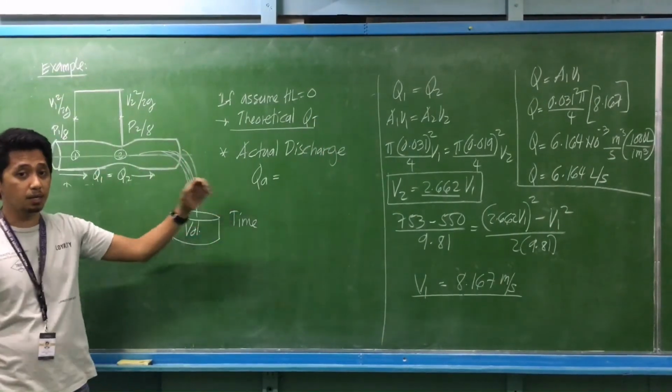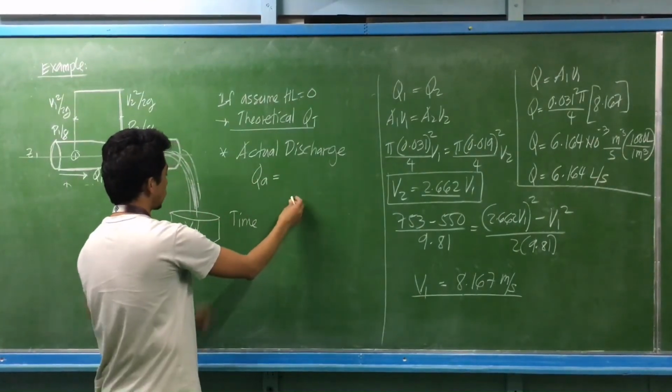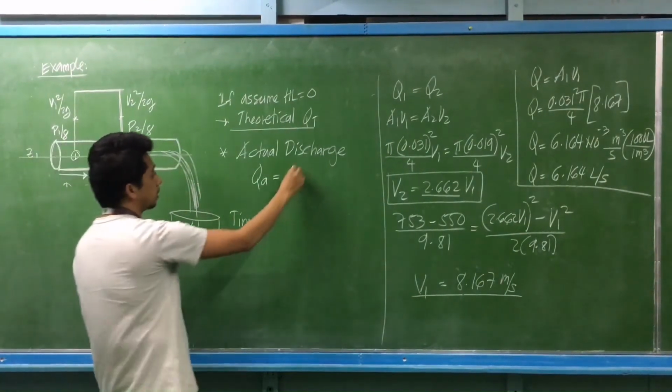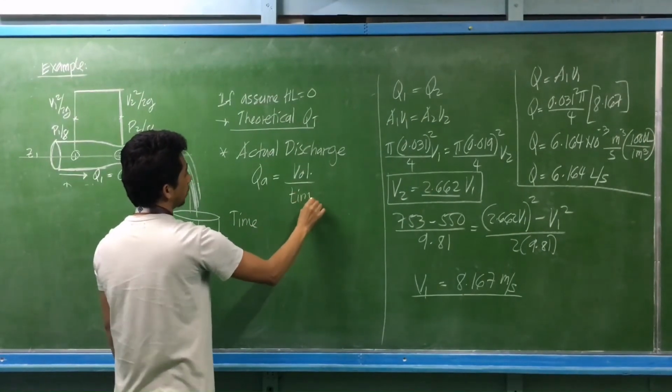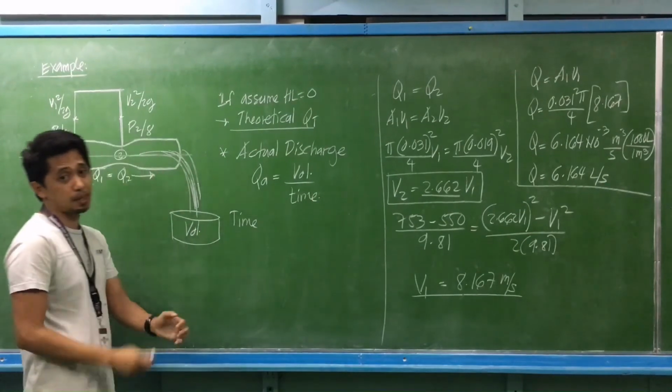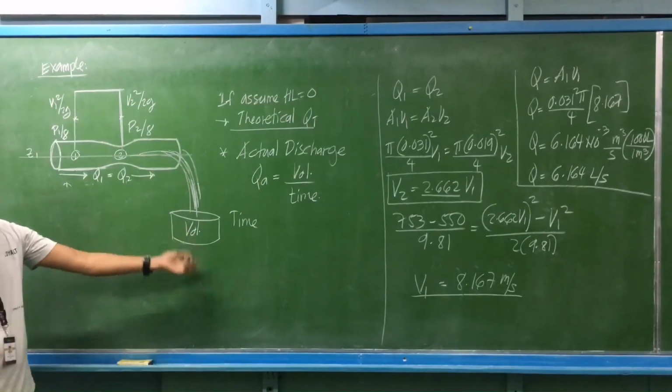Discharge is volume over time. So actual discharge is the collected volume divided by the recorded time. So if we were in a physical laboratory, that is what we would do.